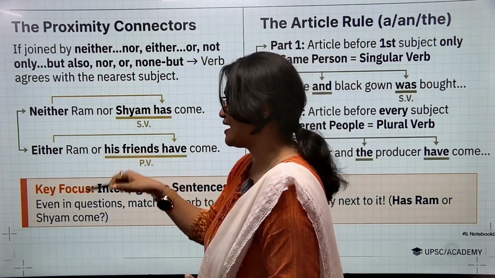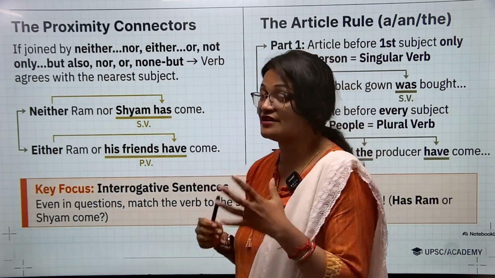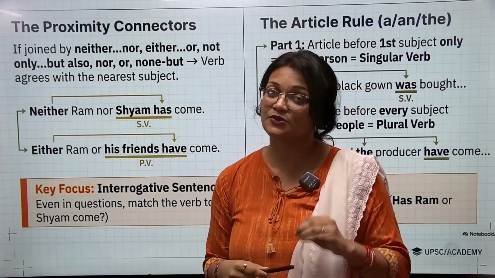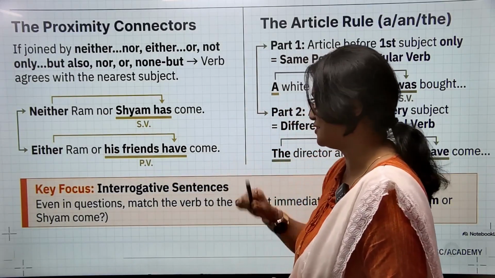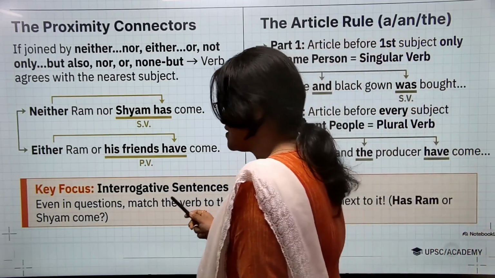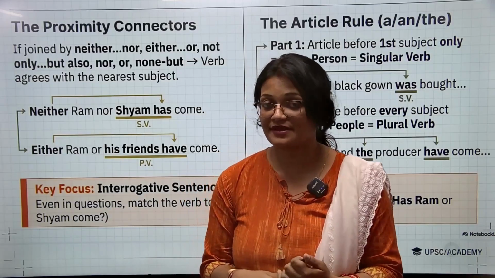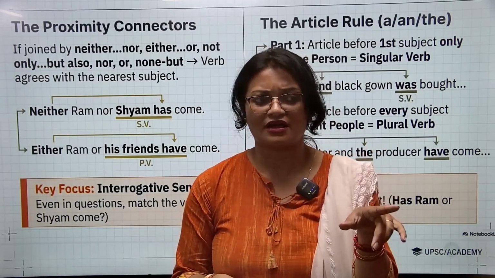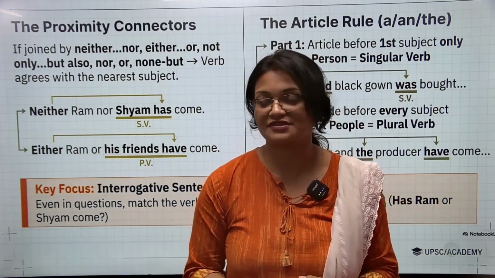In this sentence, either Ram or his friends have come. So here, his friends is a plural subject, and that is why we are using the plural verb have. And if it's an interrogative sentence, the same rule applies. For example, if I ask, has Ram or his friends arrived?